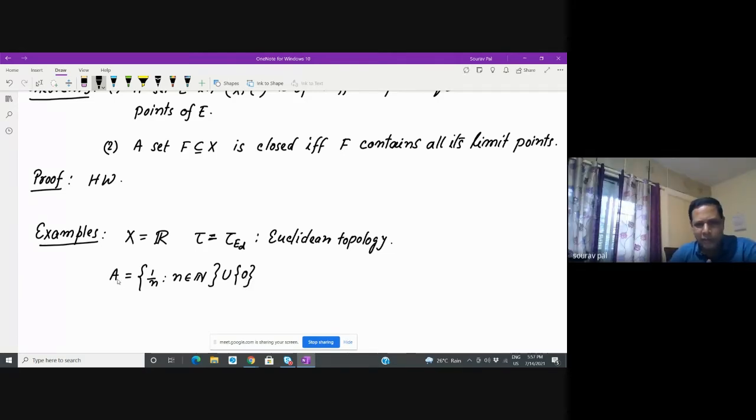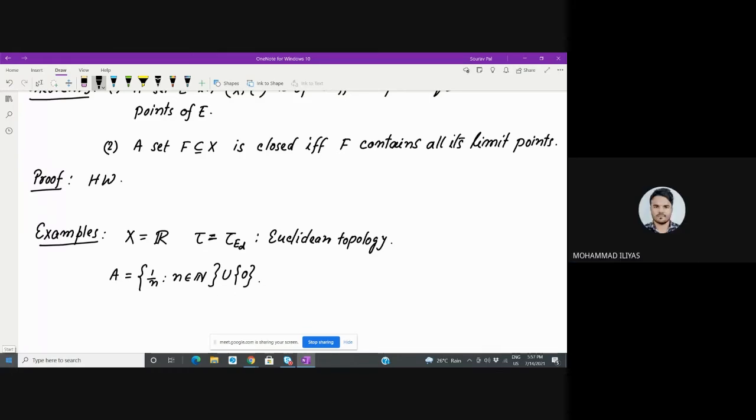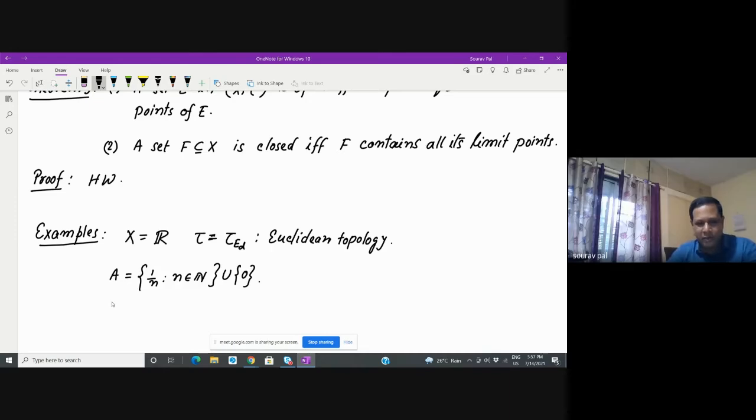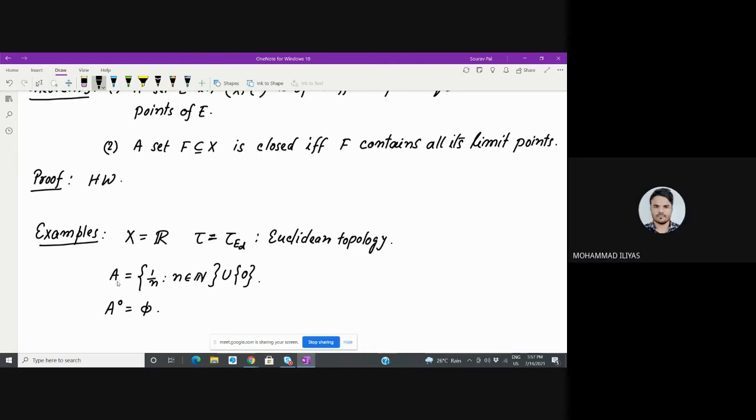Can you please tell me what are the interior points of this set? Sir, empty set. Yes, so its interior is the empty set. And what are the limit points of this set? Sir, singleton 0.